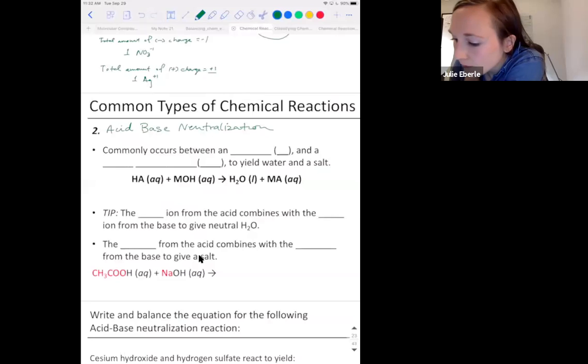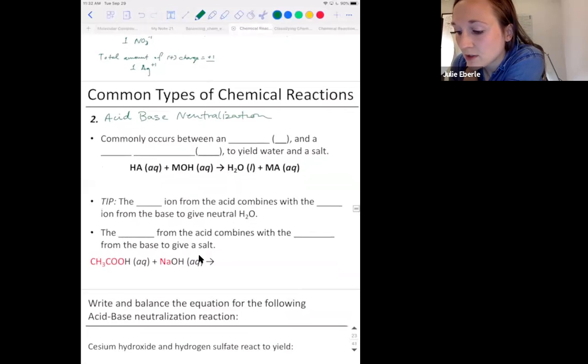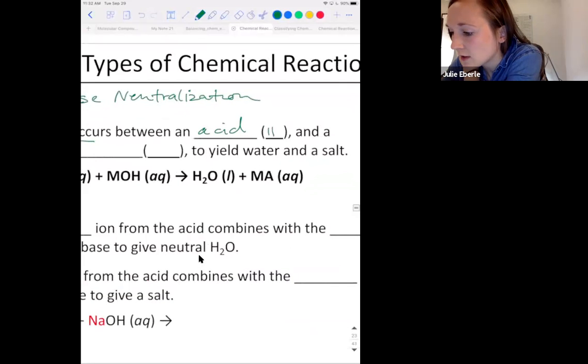All right, acid-base neutralization. So this is the second kind. We said we got precipitation. Now let's talk about acid-base. This commonly occurs between an acid. We abbreviate acids like this, HA, okay? The A here stands for the word acid.